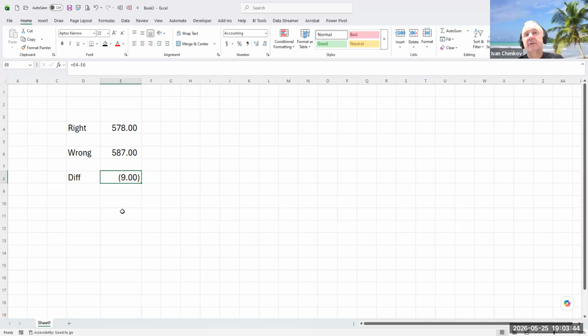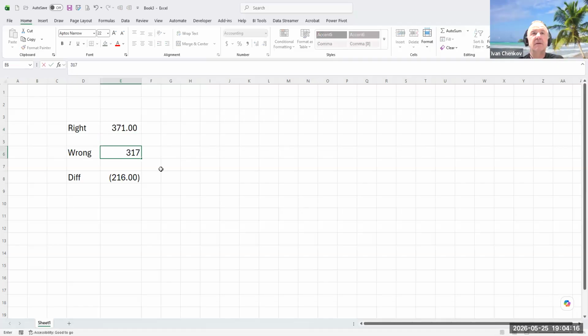So if you see the difference 9 or some number which is divisible by 9, that is always going to tell you that this is a transposition error. The number of digits before the decimal is going to tell you which numbers are exchanged, first and second number in this case. So if you see the number 9, you have to look here somewhere. The other option that you have is 371 and 317.